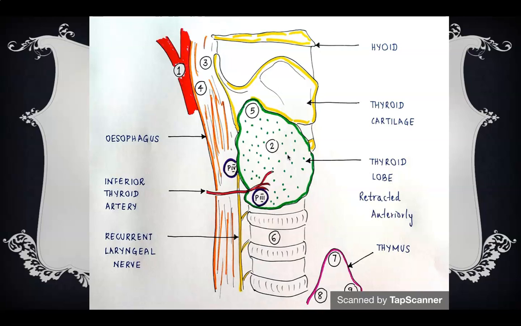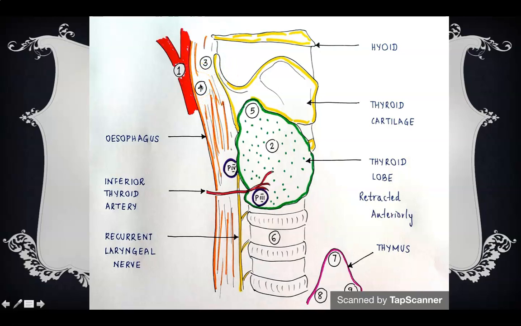These are the anatomical locations of the inferior parathyroid gland, where all it can be present. One is the carotid sheath. Second is intrathyroid. Third is the upper part of the thyroid cartilage. Fourth is the retropharyngeal or retroesophageal area.